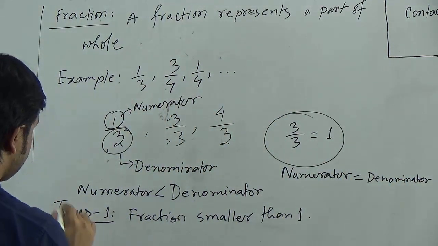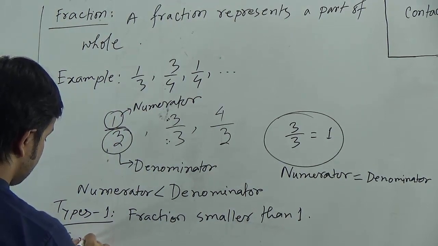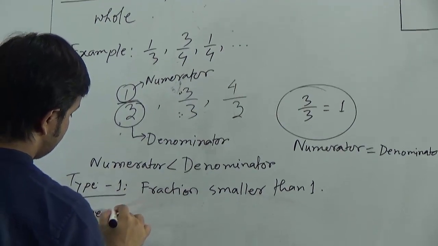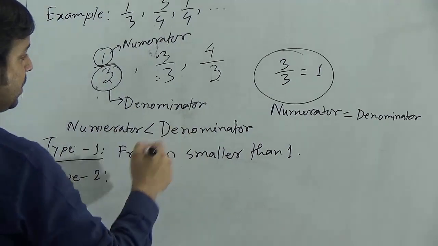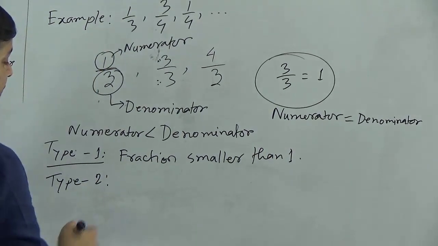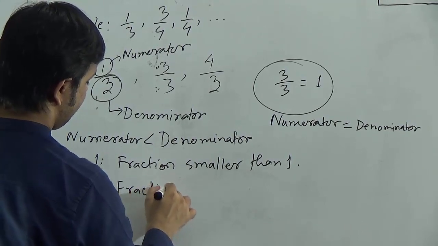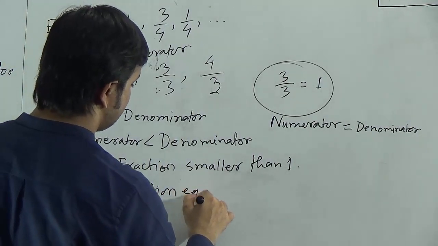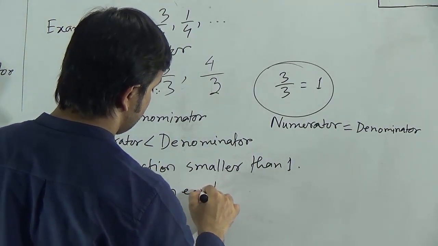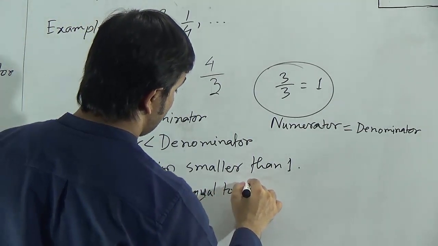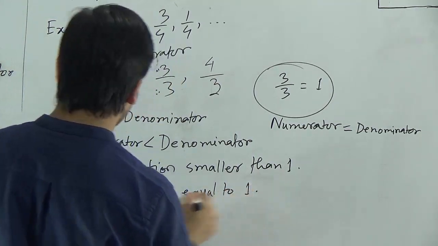That will be type 2. So we can say this type of fraction is known as fraction equal to 1.